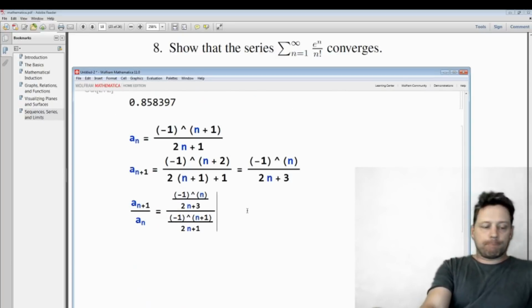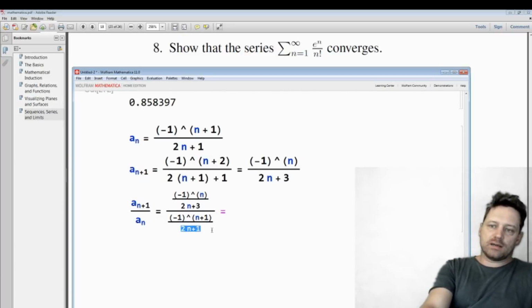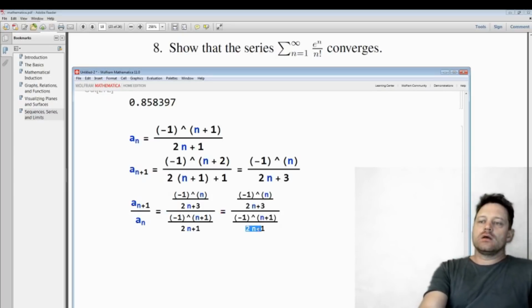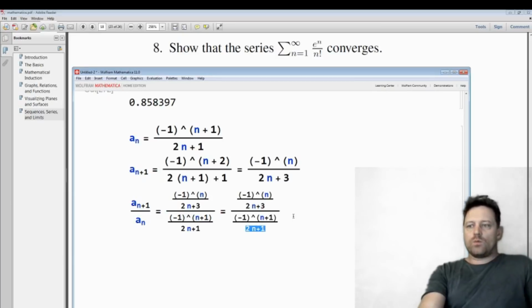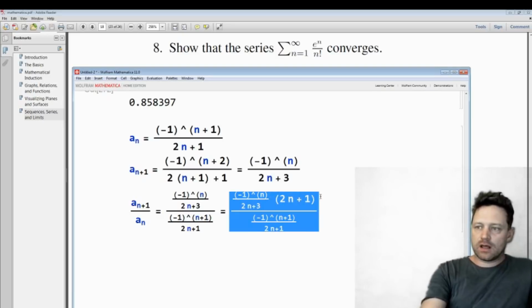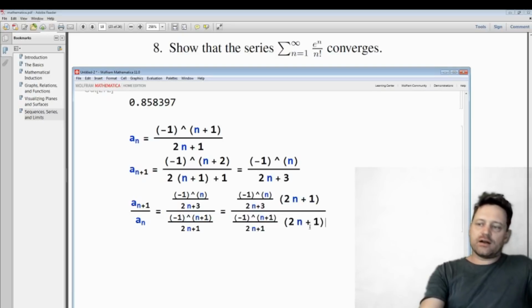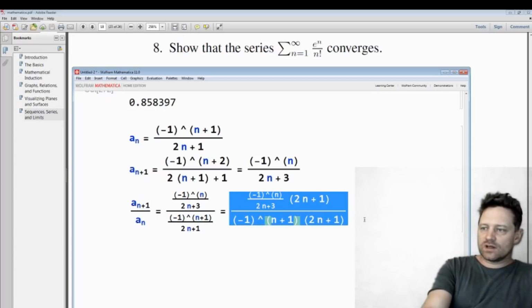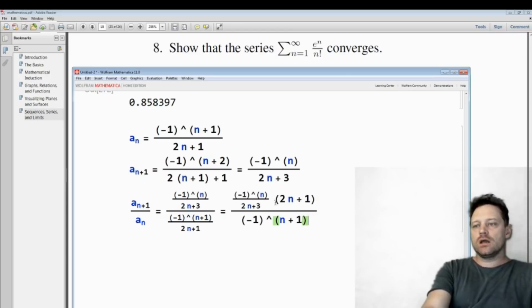Now, we can multiply top and bottom by 2n plus 1. So we put it there, and we put it there. What that does is it cancels this with this. And now in the denominator we have minus 1 to the n times minus 1.